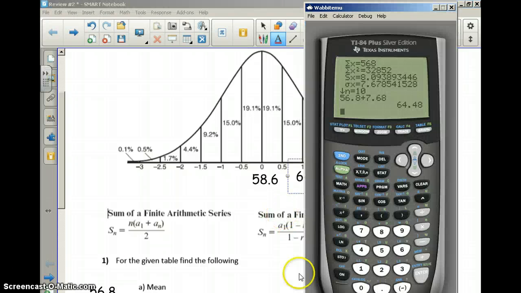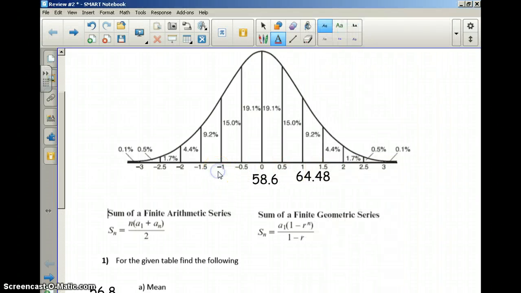Now, next I have to take my average, my 56.8, and I have to subtract 7.68. That gives me one standard deviation below the mean, 49.12. I have to put right here. So this now would be the boundary, one standard deviation from the mean.